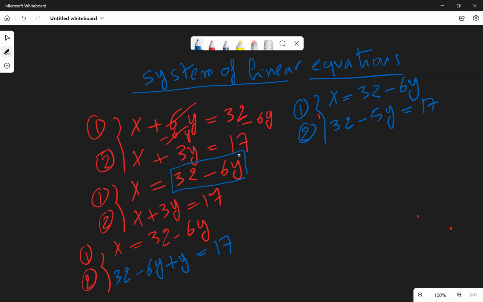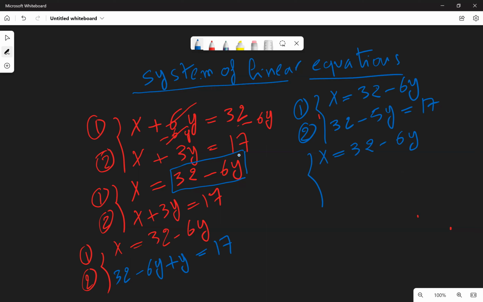All right, so I'm gonna leave my first equation the same. I'm insisting on keeping it in, so you don't forget that we're solving a system of linear equations. So we get x equals 32 minus 6y, and here I have 32 minus 5y equals 17.